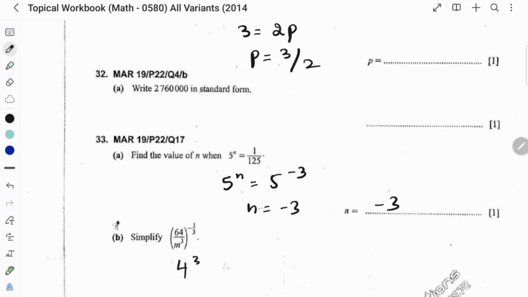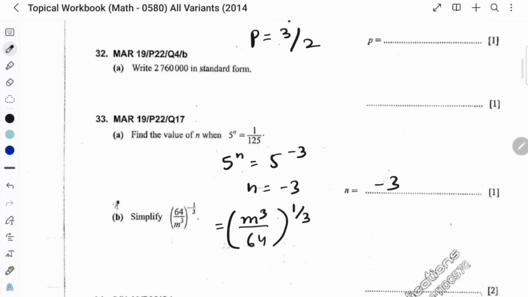Here we can also just reciprocate the numerator and denominator, m cube upon 64, and the sign of the power will change, and then you can write m to the power 3 into 1 over 3 and 4 cube into 1 over 3. Cancel, and then you'll have the answer m upon 4 here.